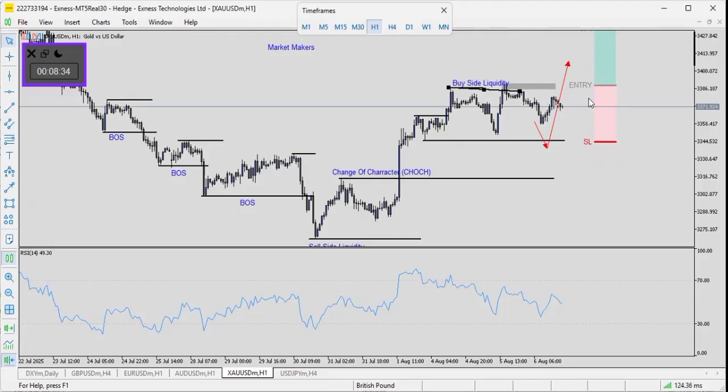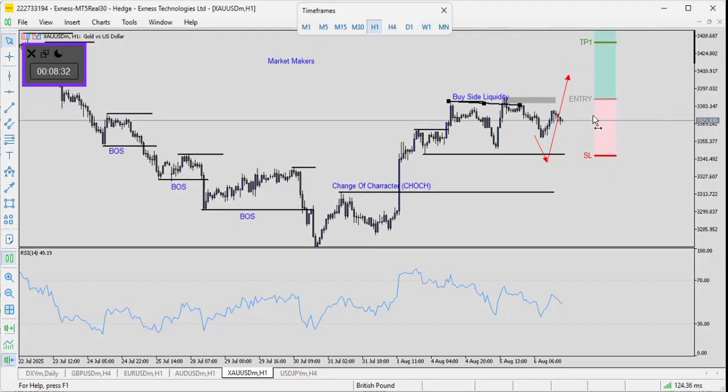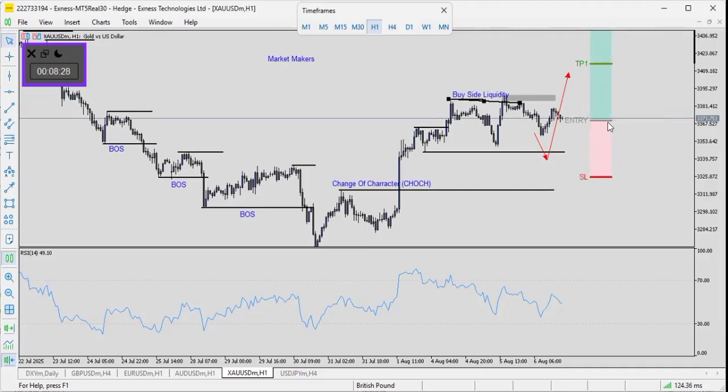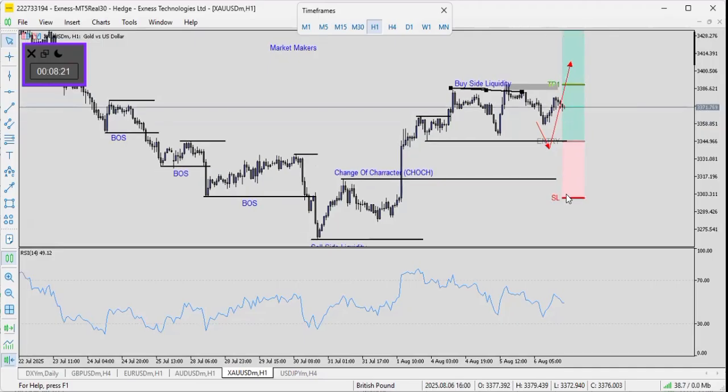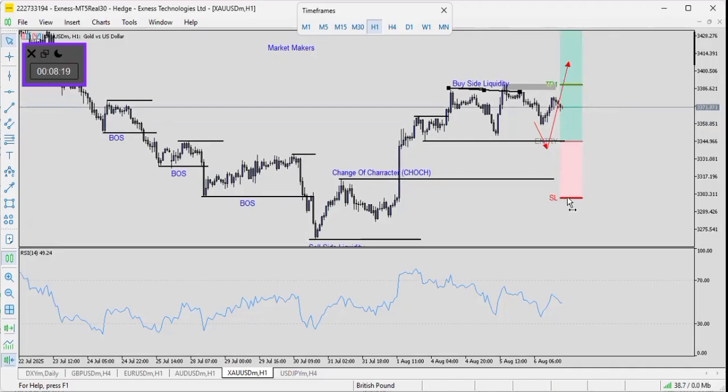The entry, sorry, I'm trying to pick this tool. The entry should be somewhere here. You can put your stop loss below, not too large, maybe 10, 20 pips away from your entry. This is how you're supposed to trade this market.